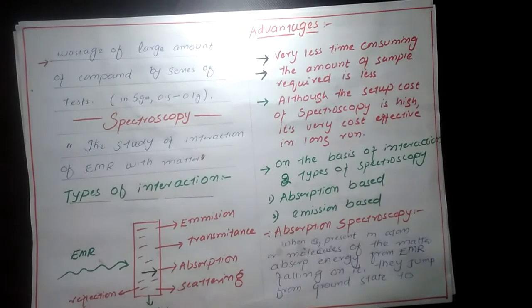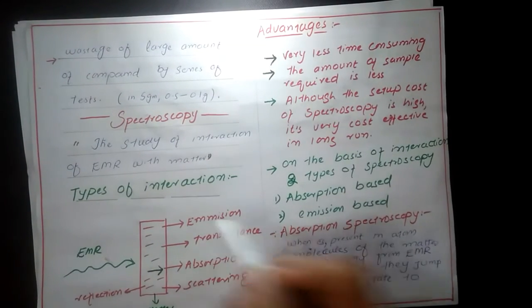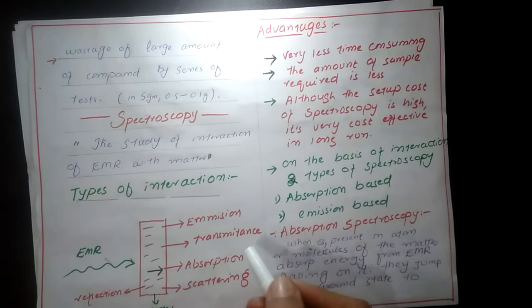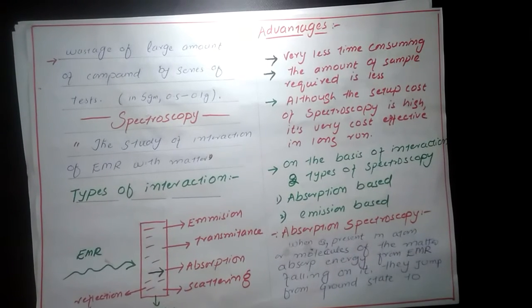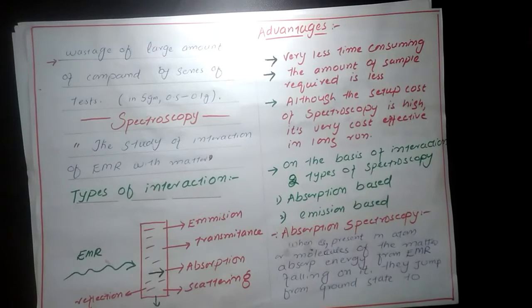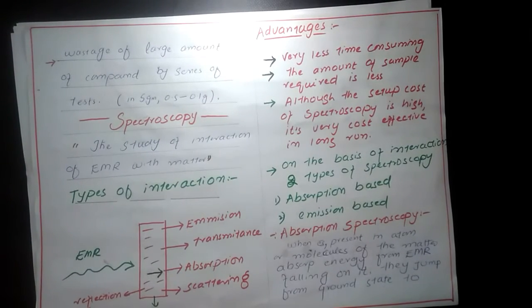For example, if we release this electromagnetic radiation and it interacts with this matter, there could be emission, there could be transmittance of the radiation, there could be scattering, reflection, which means some radiation will reflect back, and absorption, where some could be absorbed in that matter, right? Here we are going to just talk about absorption and emission as they are most important, right?